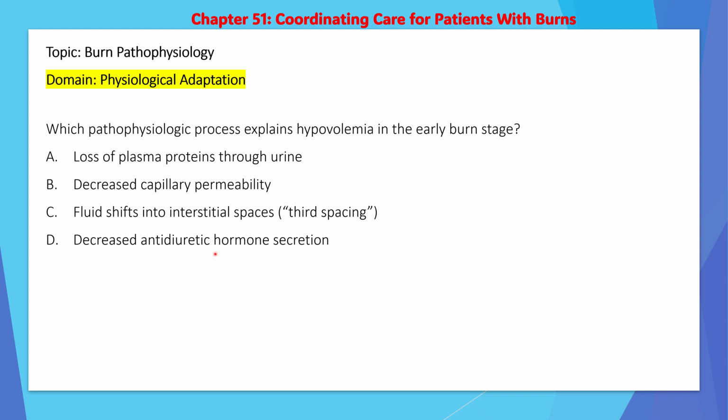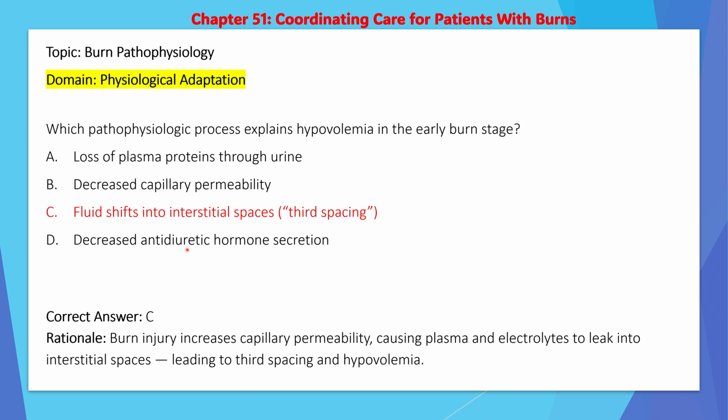D. Decreased antidiuretic hormone secretion. The correct answer is C, because burn injury increases capillary permeability, not decreases it. This causes plasma and electrolytes to leak into interstitial spaces, leading to third spacing and hypovolemia.